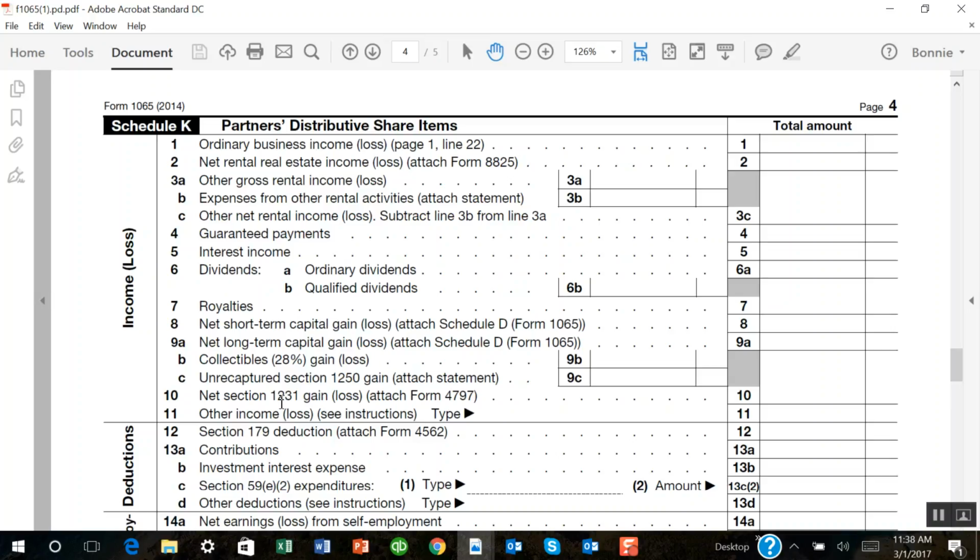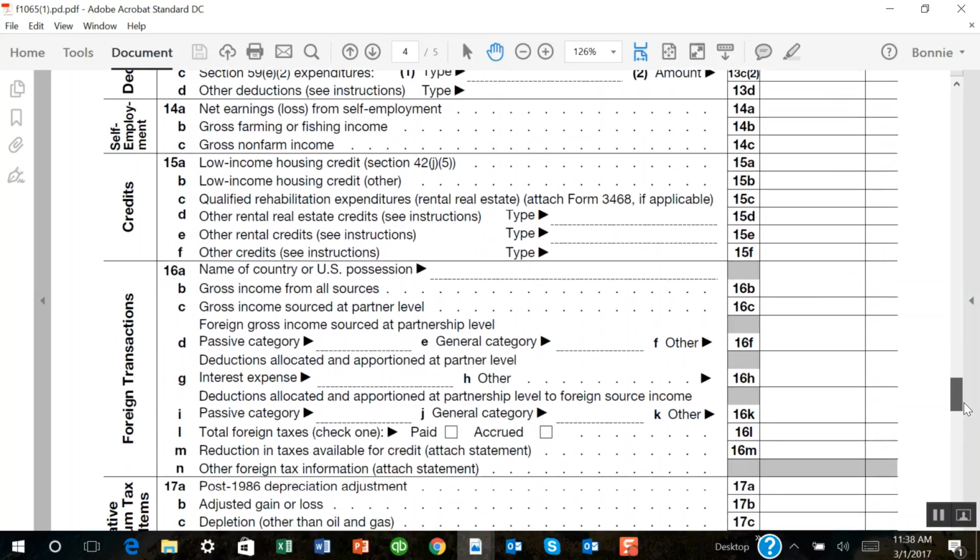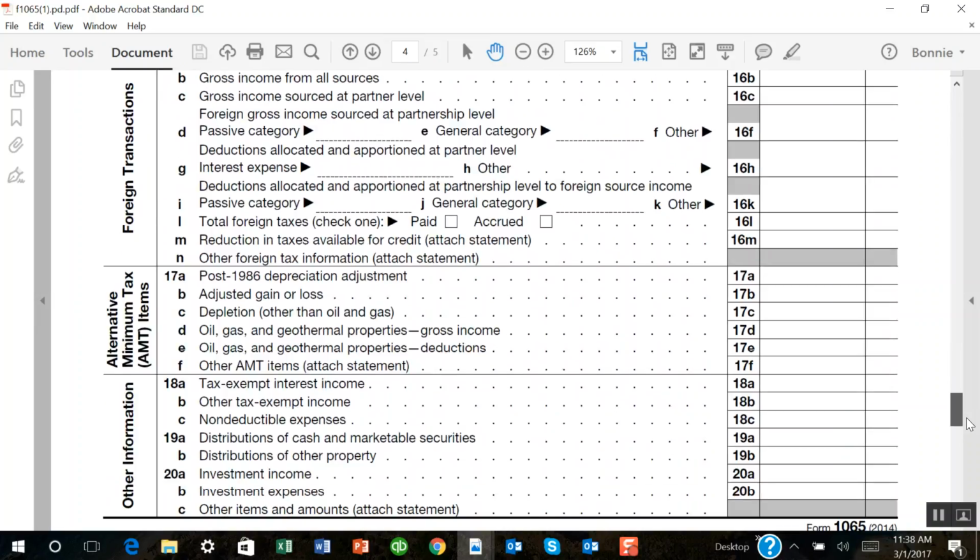If it was an asset that you held in your trade or business, and you held it for longer than a year, then it's called a net section 1231 gain or loss when you sell that asset. And so you list all these items separately on Schedule K.